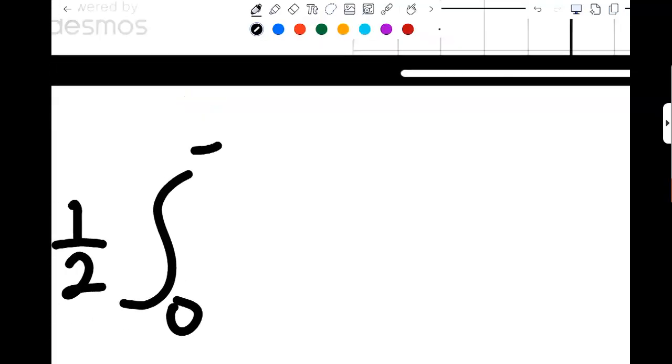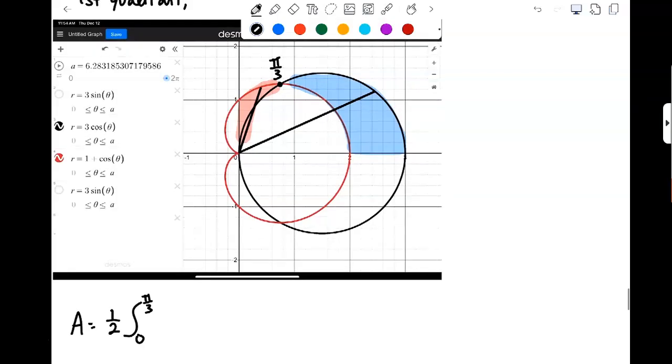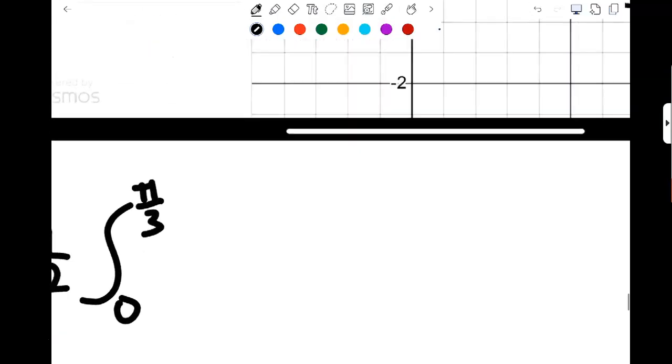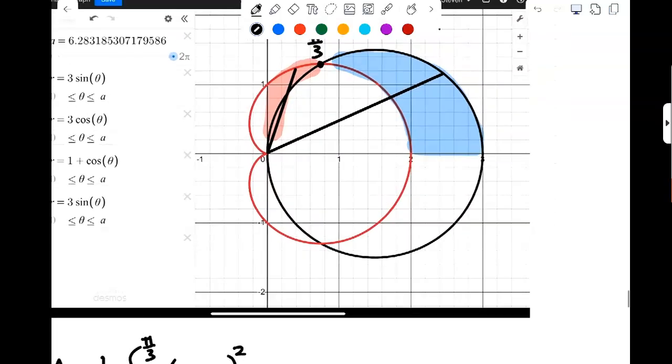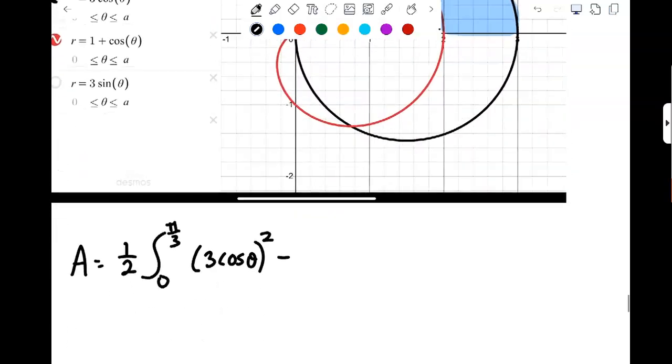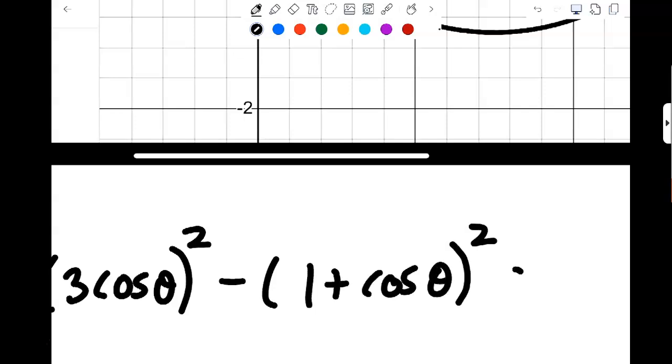Try this again. Area, 0 to pi over 3. And then that would be my outer function, which is the 3 cosine theta. So 3 cosine theta, quantity squared, minus the inner function for that part, which is 1 plus cosine theta, quantity squared d theta. Right?